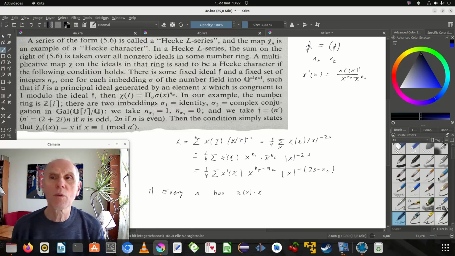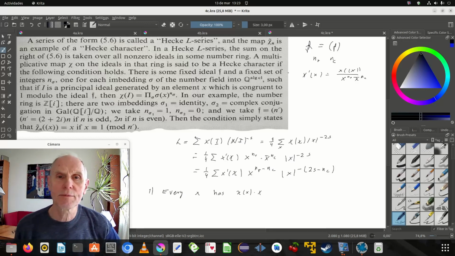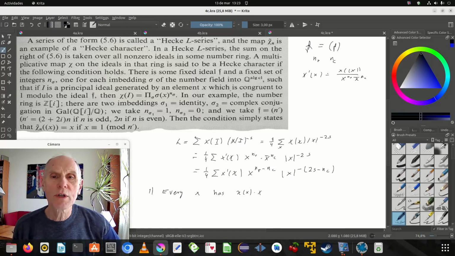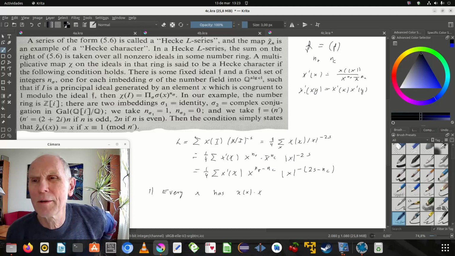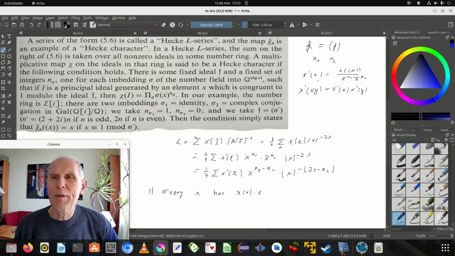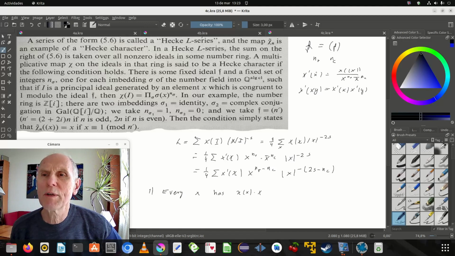I think that is the only way to define it so that it will look like this series. And all we need to show is that chi bar is a character. And that means that the thing that it's a map into the unit circle follows from the argument before.